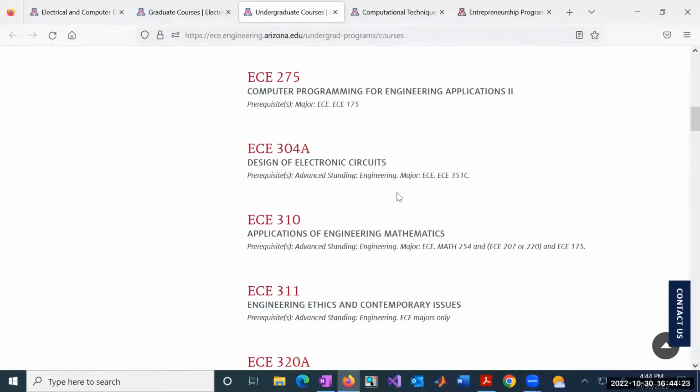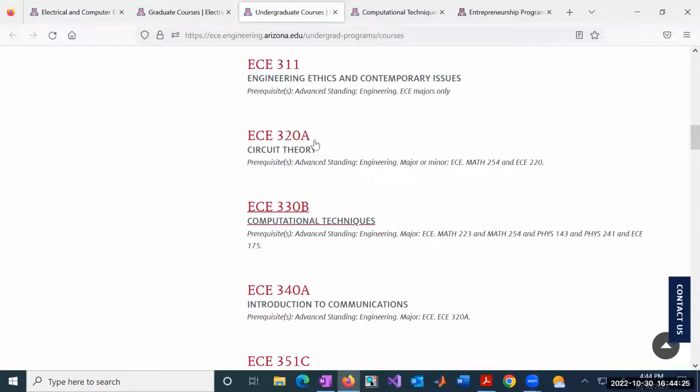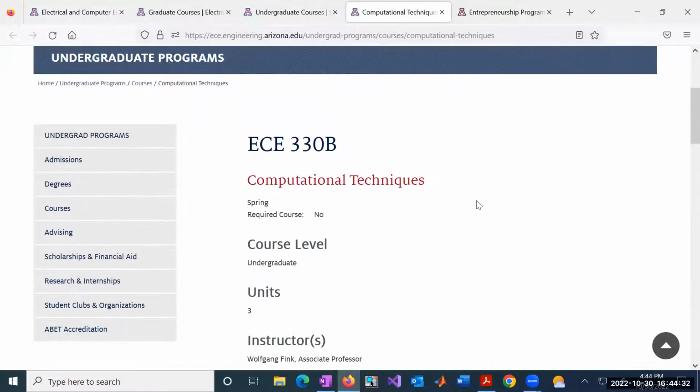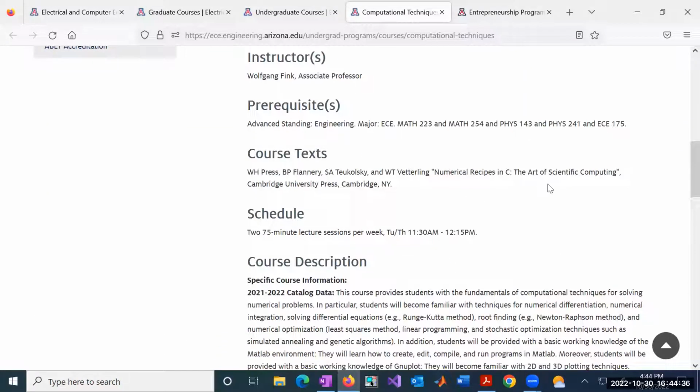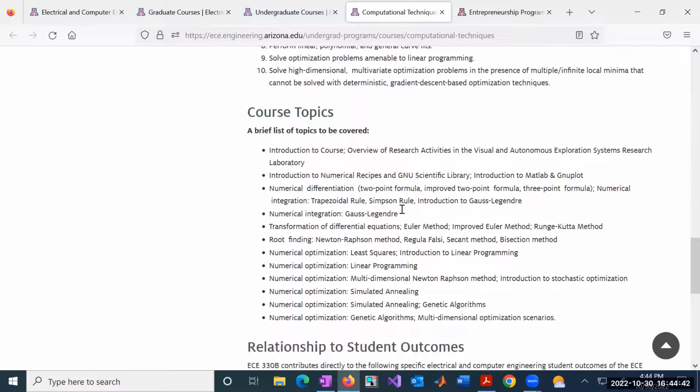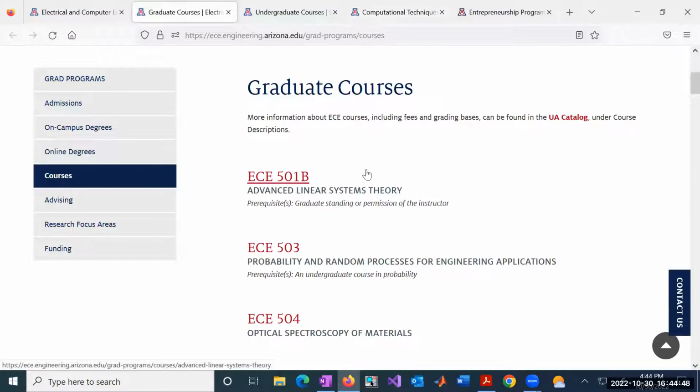This now gives you a brief syllabus for a particular class, one such class being ECE 330B. And at this location, you'll be able to find textbooks, learning outcomes for the class, and class topics relative to that particular class.